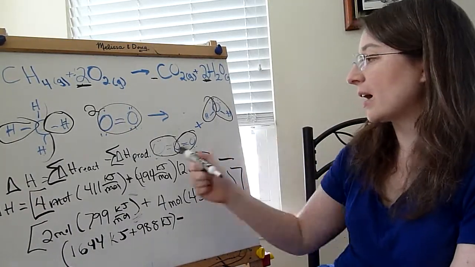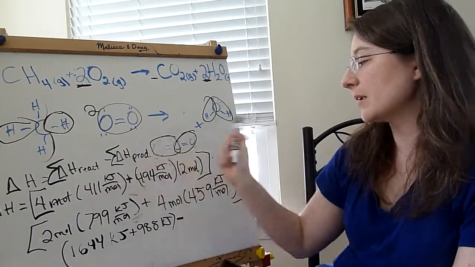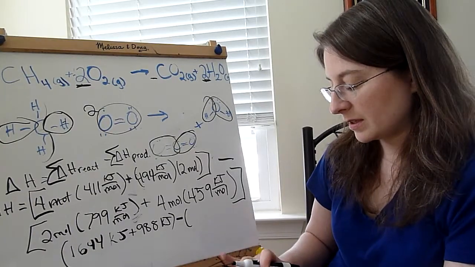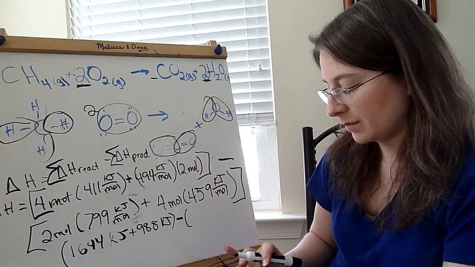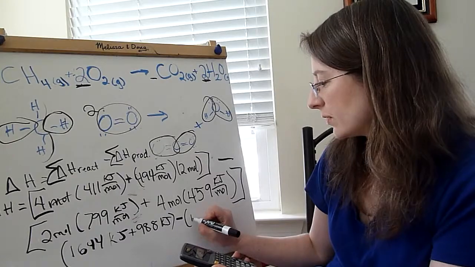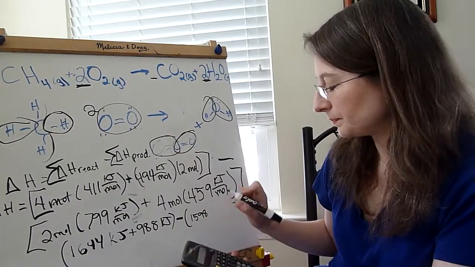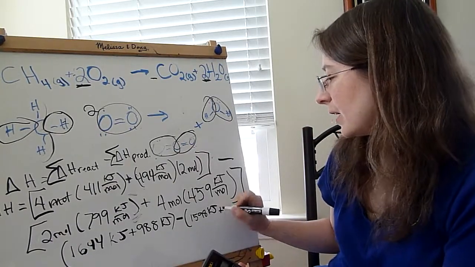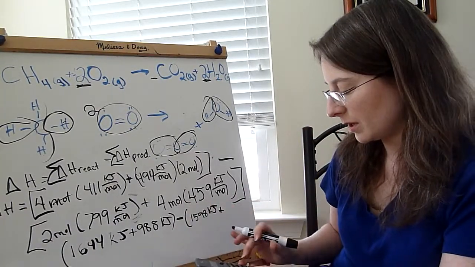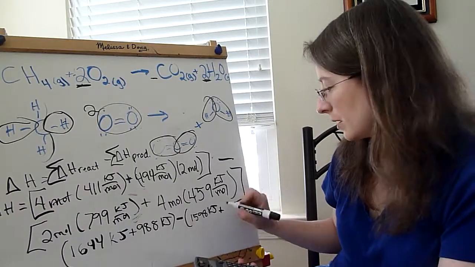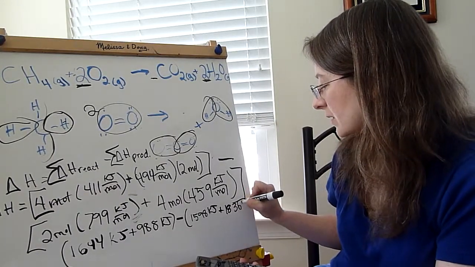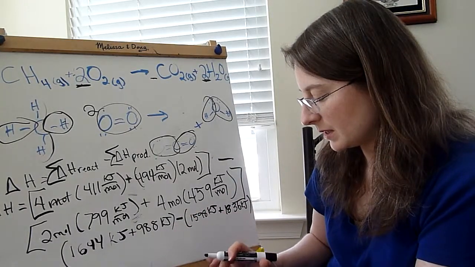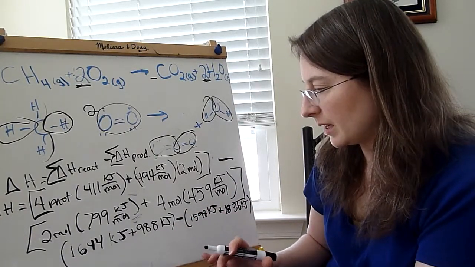Then I subtract, because it's the reactants minus the products, and I keep my brackets here. 799 times 2 is 1598 kilojoules, and add that to 4 times 459, 1836 kilojoules. All right, so add them up, 1644 plus 988.